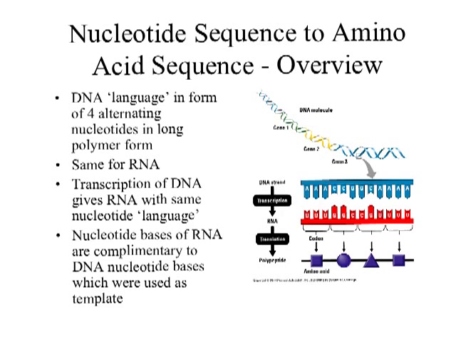Now RNA has that same kind of language of those 4 nucleotides. So the transcription of DNA is going to give RNA with the same nucleotide language. Okay, so DNA and RNA speak the same language.